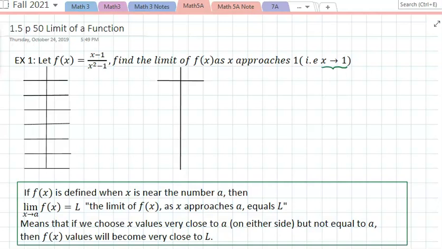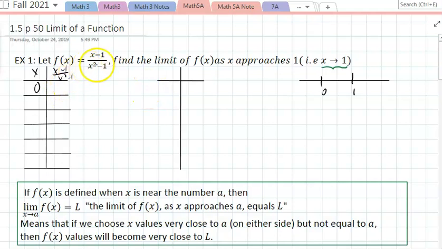If I pick 1, I want to pick a value close to 1. Let's say somebody says, well, let's go with 0. So this is x minus 1 over x squared minus 1 at 0.